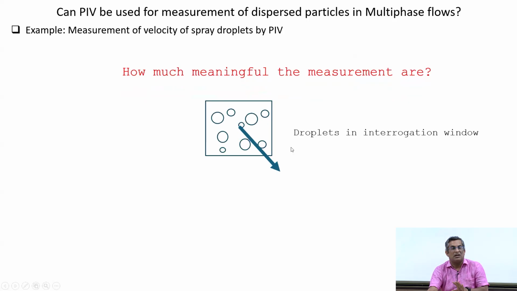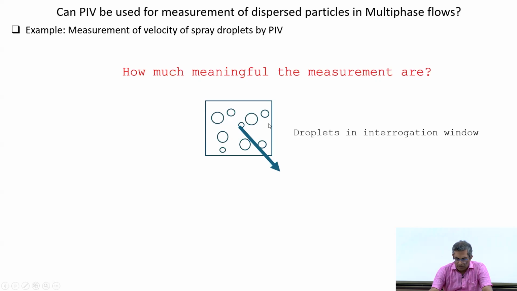While the size of seeding particles won't matter much, whether it is 1 micron or 5 micron, because the Stokes number is anyway much smaller than 1, so they are flow tracers, in the case of dispersed particles that is not the case. We have different particles which may move at different velocities.